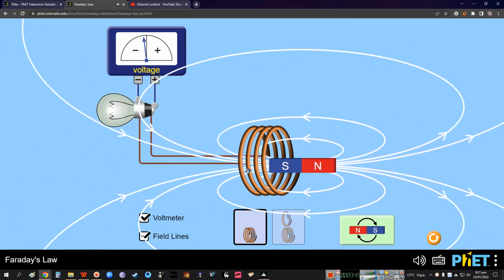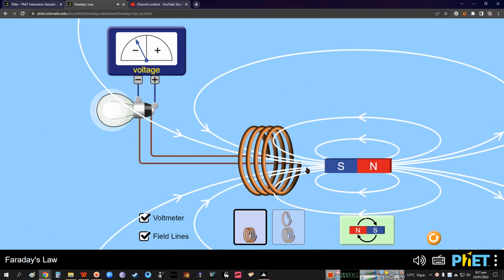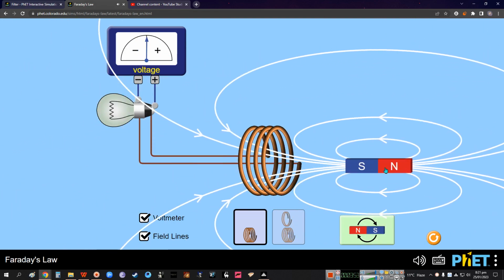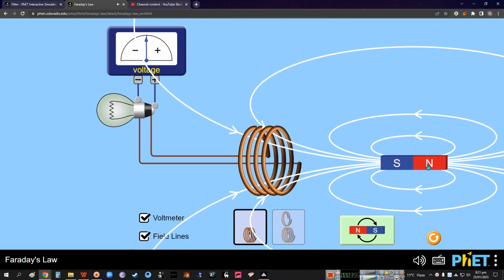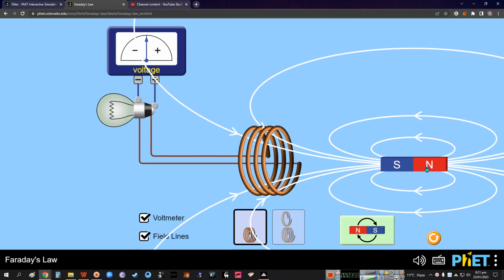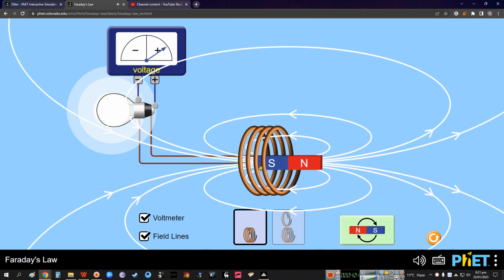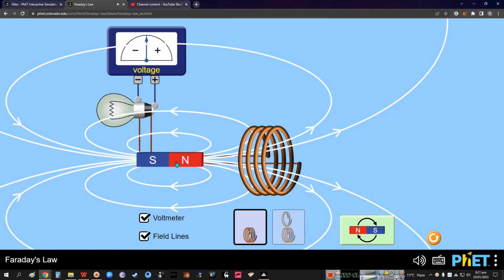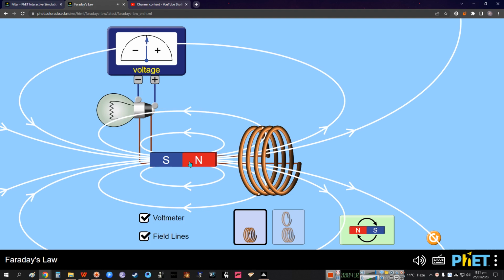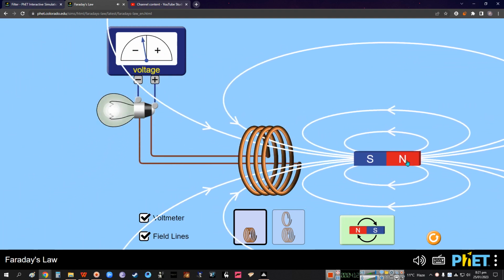So this is a crude example of an alternating current generator, an AC generator. There are so many names for it, so I simply call it an AC generator. So this is a linear AC generator. The ones we actually see in our daily lives are axial designs of AC generators. This is actually a linear version.